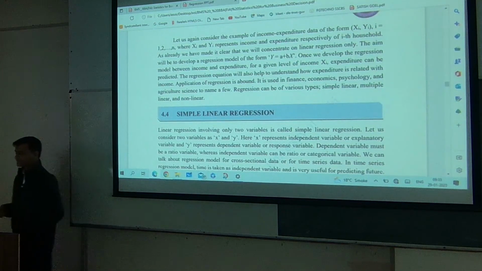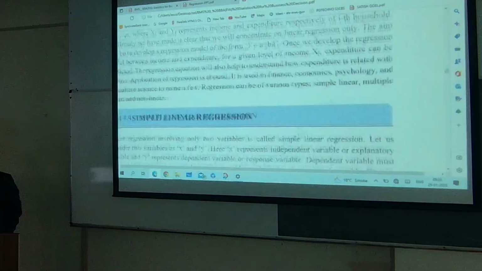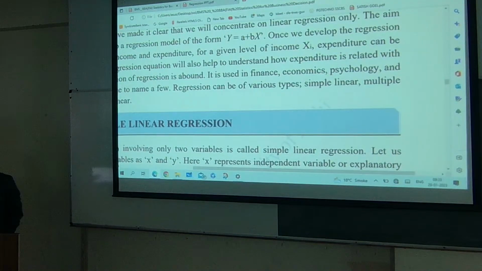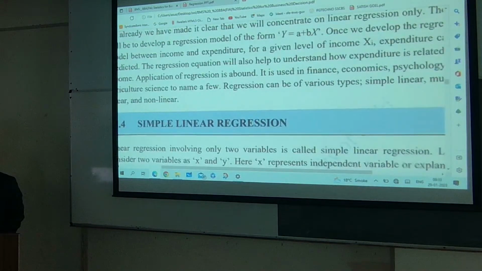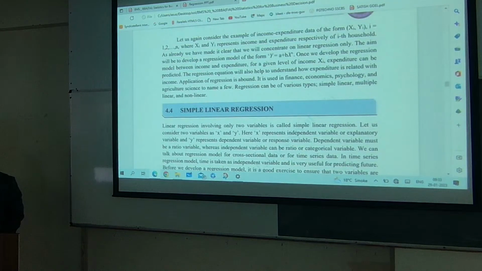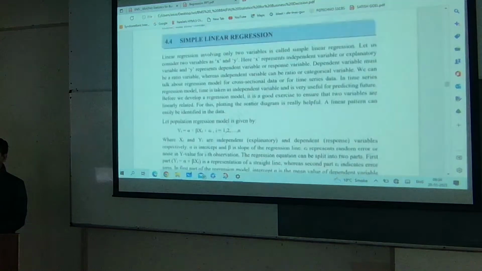Okay, so here you can see we would discuss the simple linear regression model, then multiple linear, and finally we have non-linear models. Okay, so our focus would be only on the simple linear model. Simple means only two variables x and y, one dependent, other independent. Okay, linear means you have only a linear equation, and no non-linear equation.